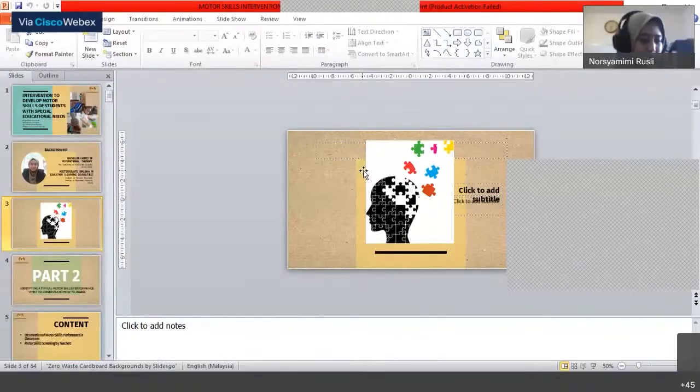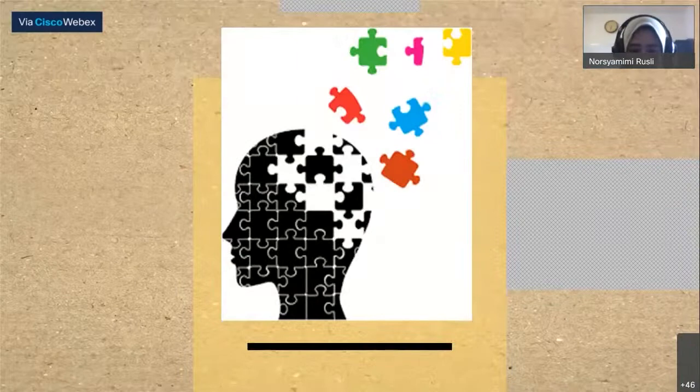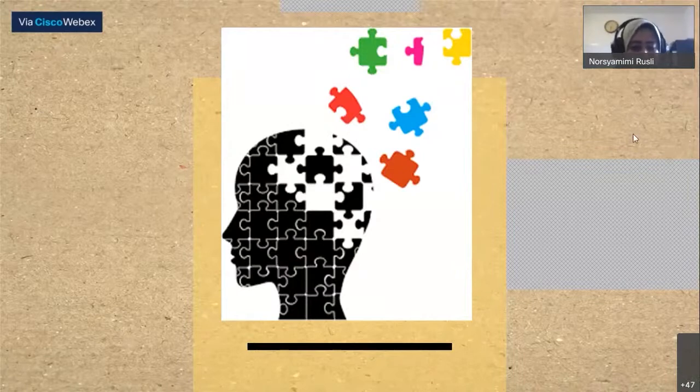Good. The teacher says that visual perception affects reading and writing, which is true. Reading and writing are the most important motor tasks which children usually face at school.